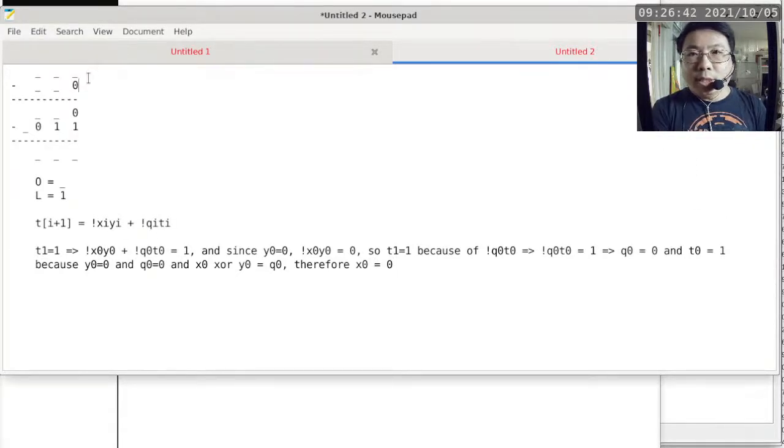It's not really that useful because it doesn't lead to anything else. I just want to complete this column here. And we can also say because D0 is Q0 exclusive OR with T0, which in this case is 0 exclusive OR with 1, and that turns out to be 1. So now I can fill in this bit, and it is a 1.